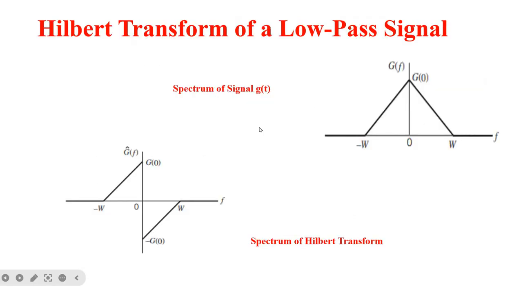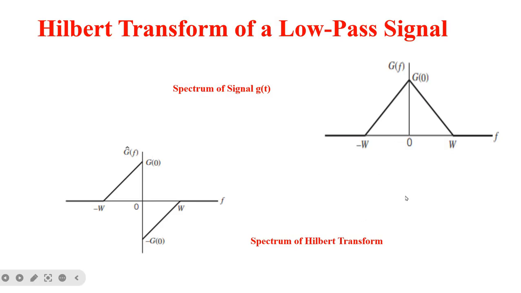Okay, and here this is nothing but the Hilbert transform of a low pass signal, where we start with the low pass signal g of t, small g of t, meaning that its frequency components are limited within a range from minus W to plus W. So this can be seen in the Fourier transform of the signal, which shows its frequency spectrum.